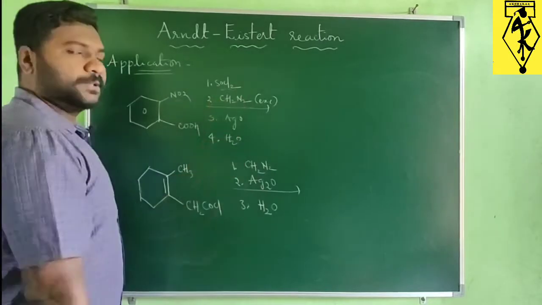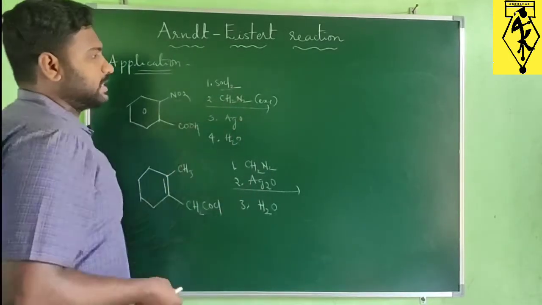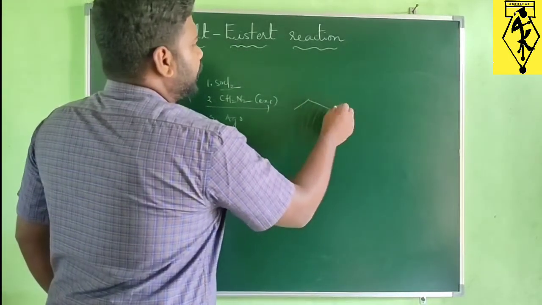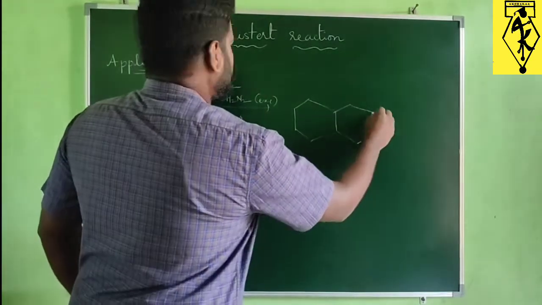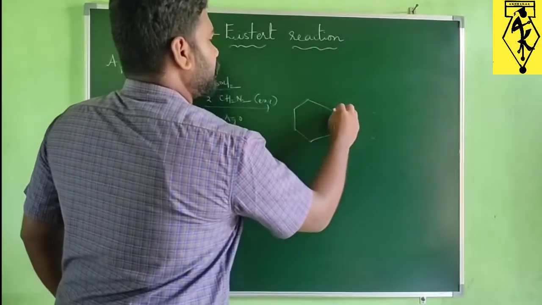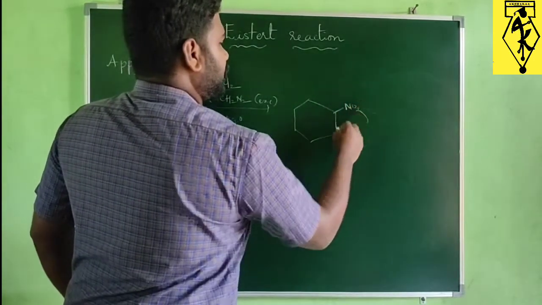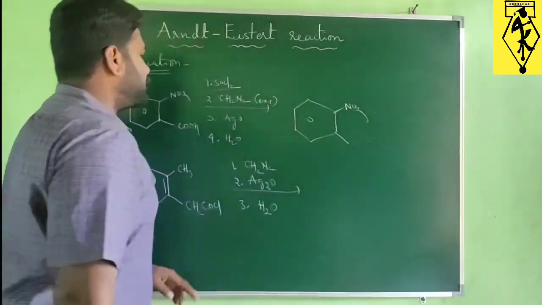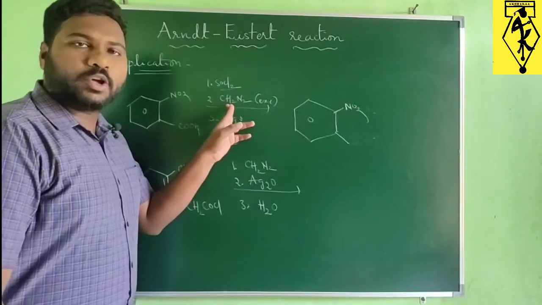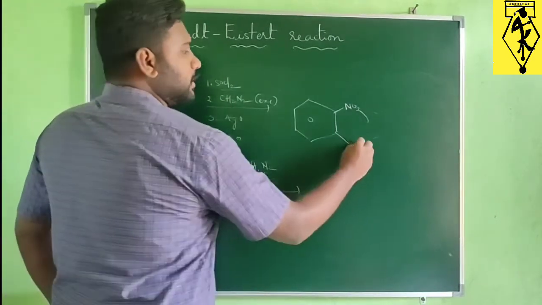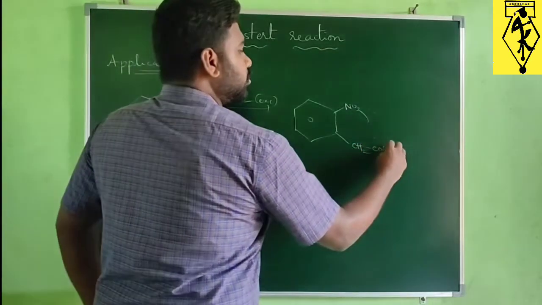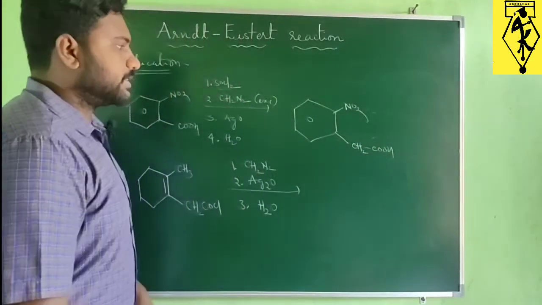So SOCl2 will first convert the carboxylic acid. I'm not going to write the entire thing, I'm just going to write the product here. NO2, and here what will happen? Just insertion of a methylene group takes place between this carbon and carboxylic acid. So here CH2 COOH, this is the product.